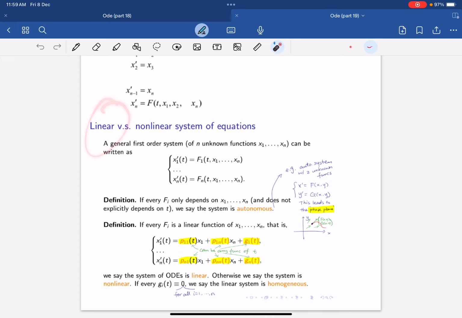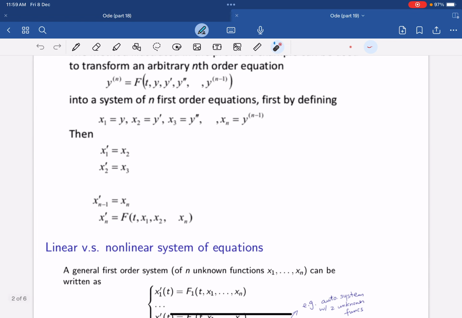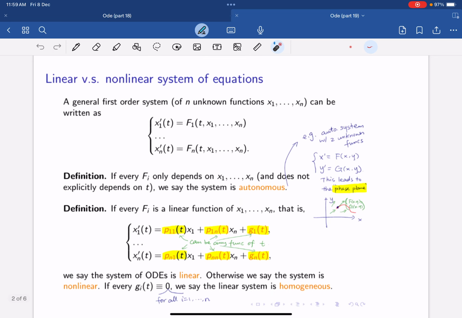So what is linear versus non-linear? Again, this function in terms of all the x's is a linear function, a linear combination of these terms, but t can take on any value. If this function f doesn't have any t inside, then the system is autonomous.